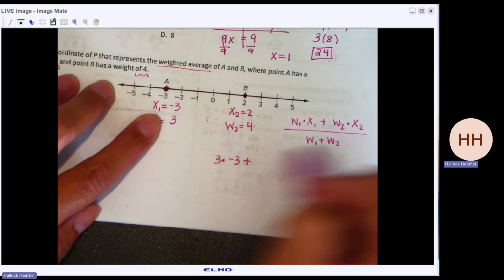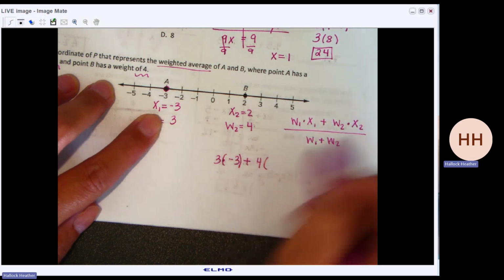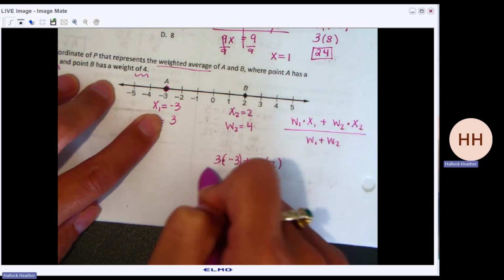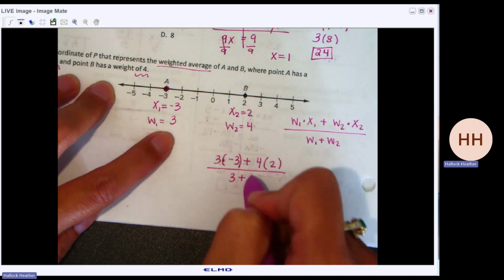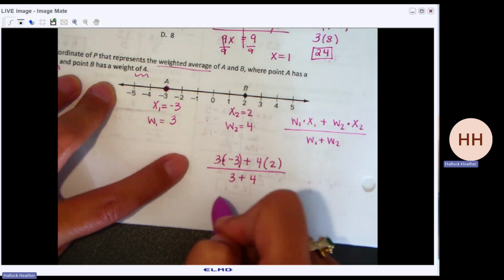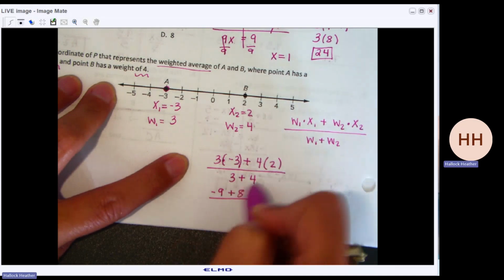I'm adding weight sub 2, which is 4, and I'm going to use parentheses, multiplying by its location, which is 2. And now I'm dividing by the weights added together. So 3 plus 4. 3 times -3 is -9. I'm adding 8. I'm dividing by 7.